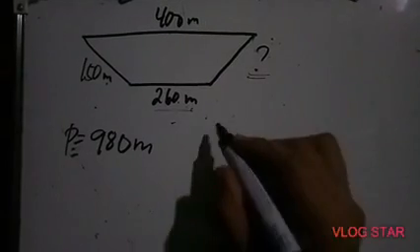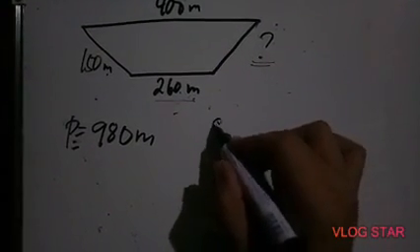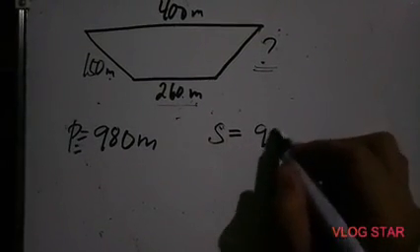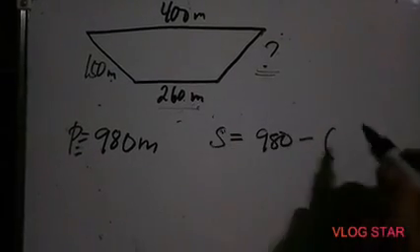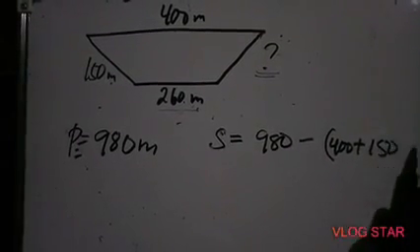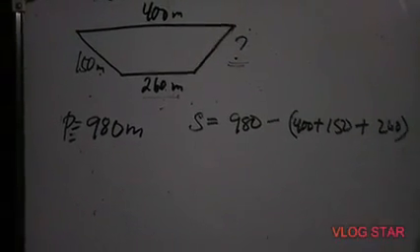So to get the fourth side, let's say S, is equal to 980 minus 400 plus 150 plus 260.